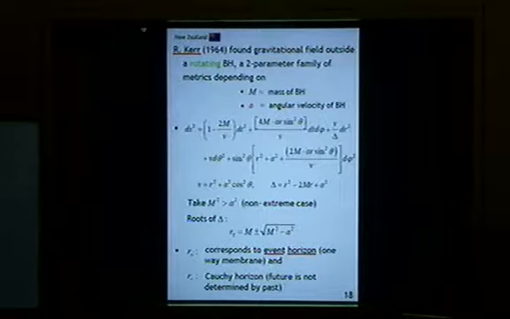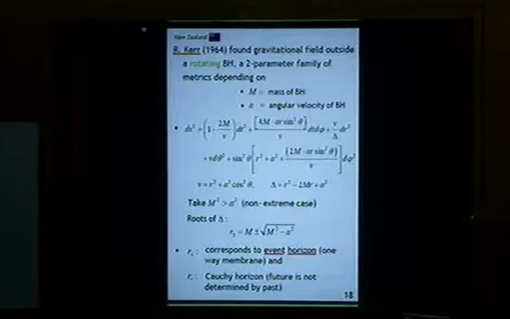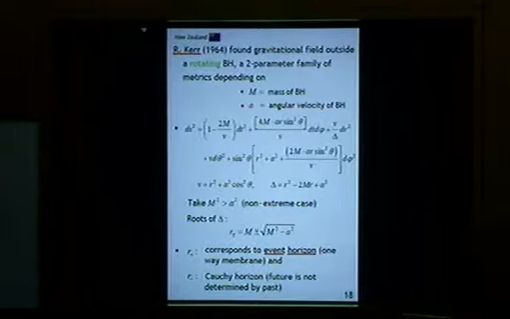So it's (1 - 2mr/v) dt squared, and then you have 4mar sine squared θ over v, and then you get a mixed term dt dφ, and that's due to rotation. And then you get a dr squared term, and then all these other terms, the angular terms and so on. Now that v is harmless. It's r squared plus a squared cosine squared θ. That's a fine function.